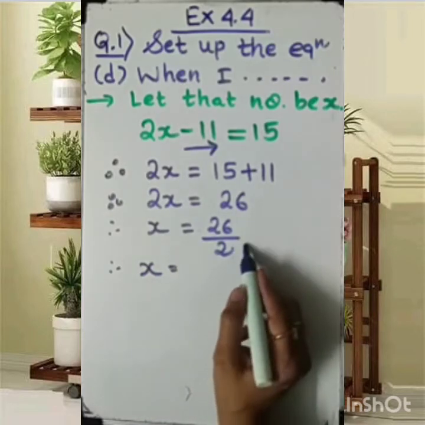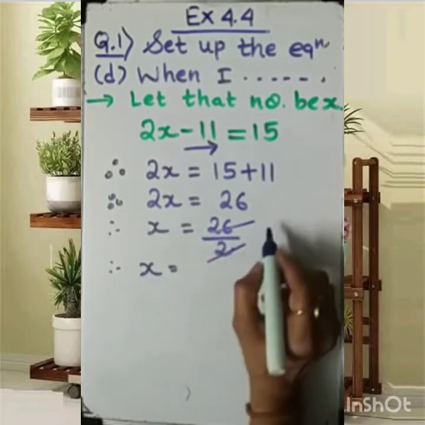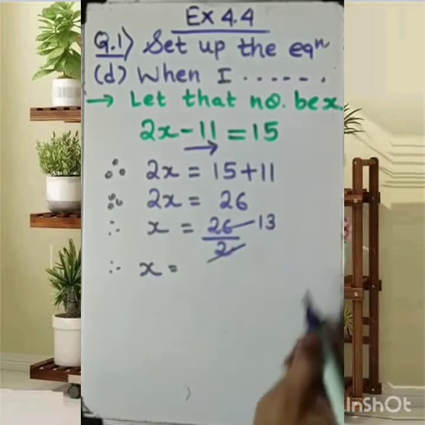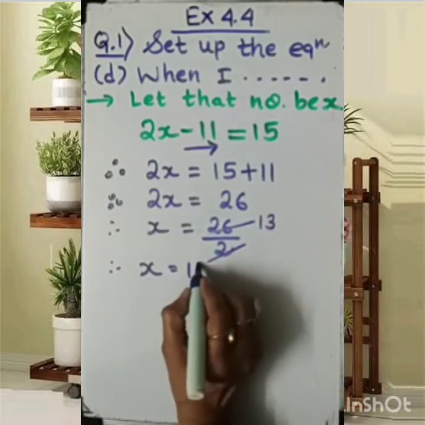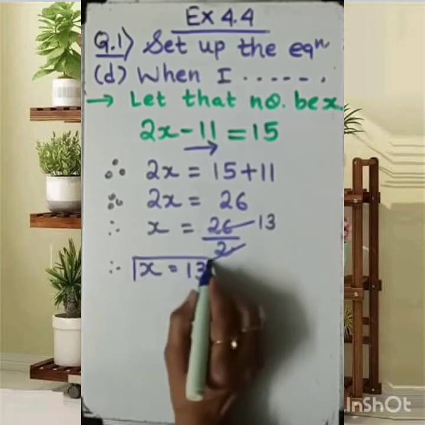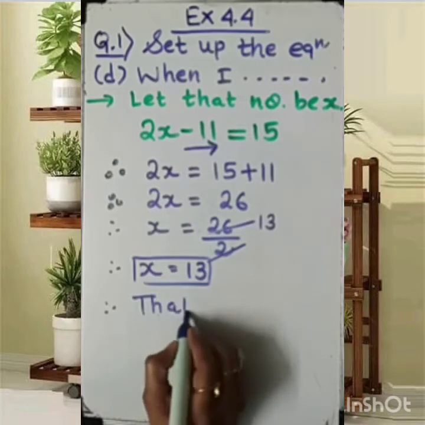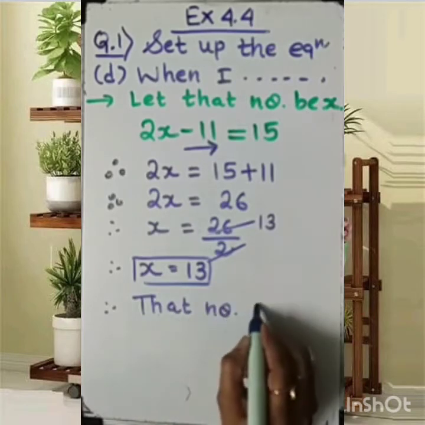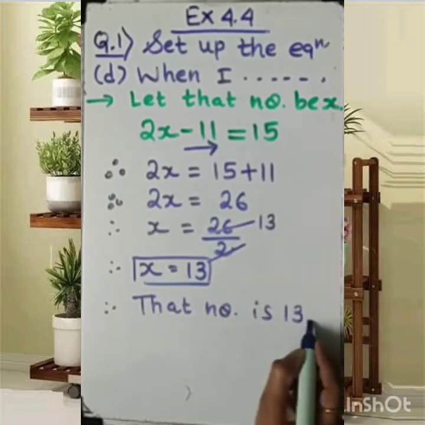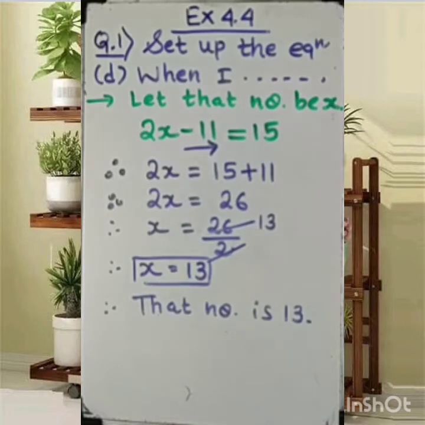So we need to write here 13, 2 13s are 26. So x equals 13. Therefore, we need to mention the answer: that number is 13. This is the solution of D part.